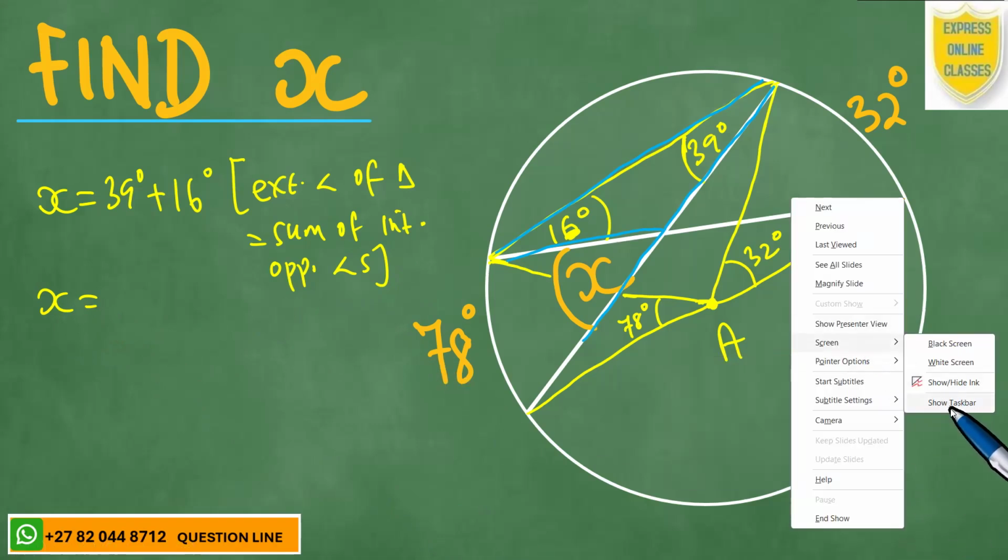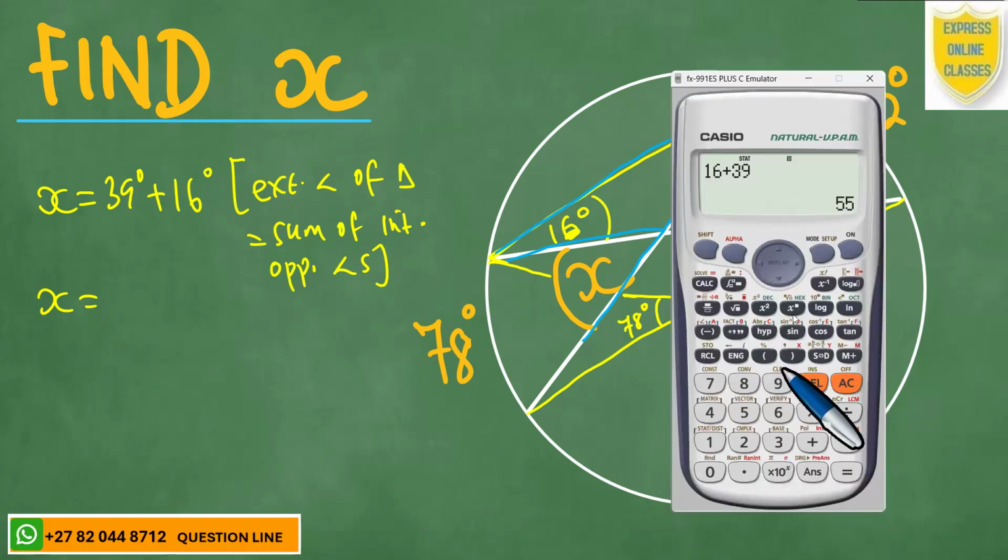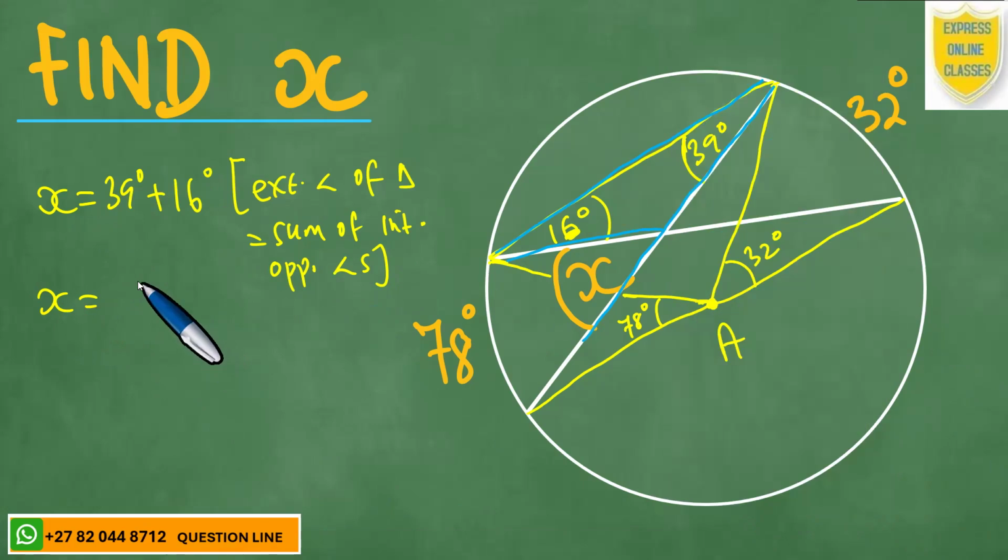We add those up step by step, carefully. You can just do it in the order in which they're written here: 39 plus 16. 39 degrees plus 16 degrees is 55 degrees.